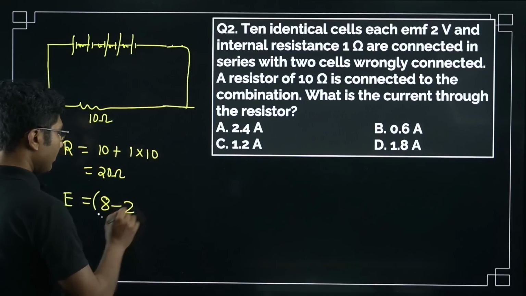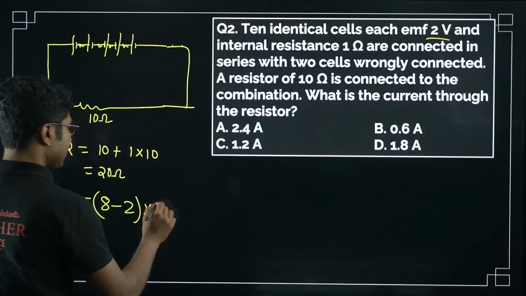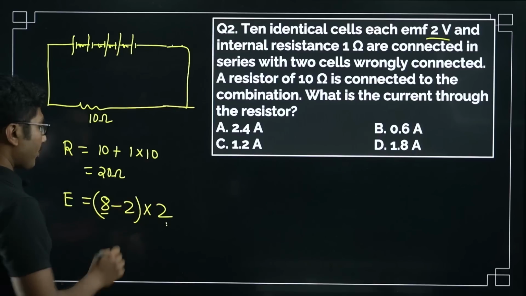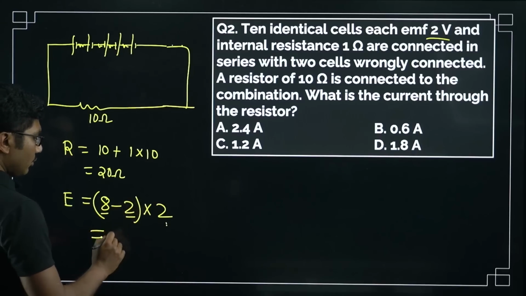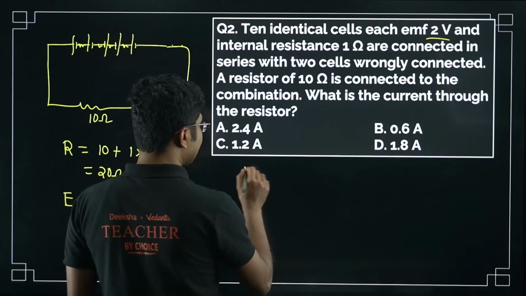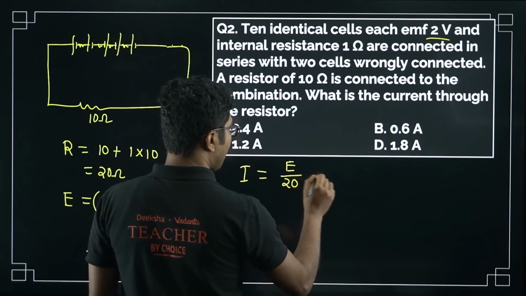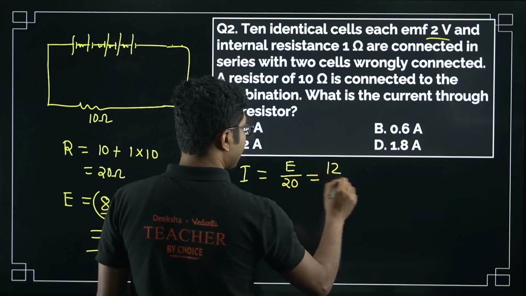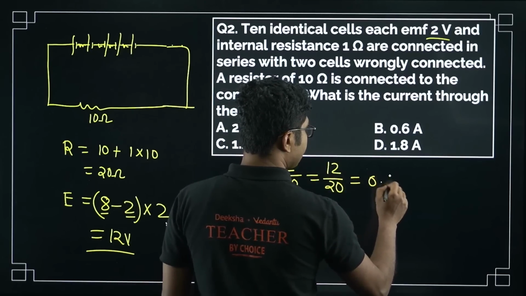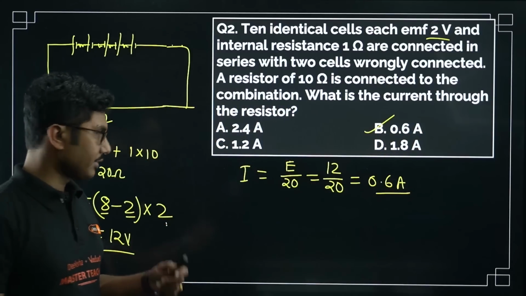Each is 2 volts, so the total EMF is 2 into (8 minus 2), that is 12 volts. So what is the current? Current is the total EMF divided by the total resistance, that is 12 divided by 20, that is 0.6 ampere. So 0.6 ampere is the answer for this question.